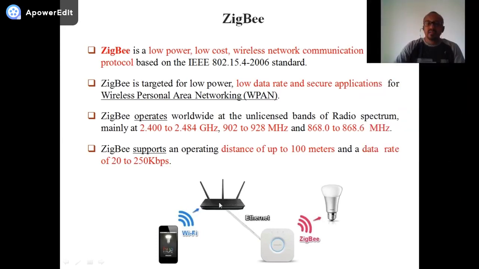It operates in the unlicensed range of radio spectrum, 2.484 gigahertz or 902 to 928 megahertz. ZigBee supports an operating distance of up to 100 meters and a data rate of 20 to 250 kbps.